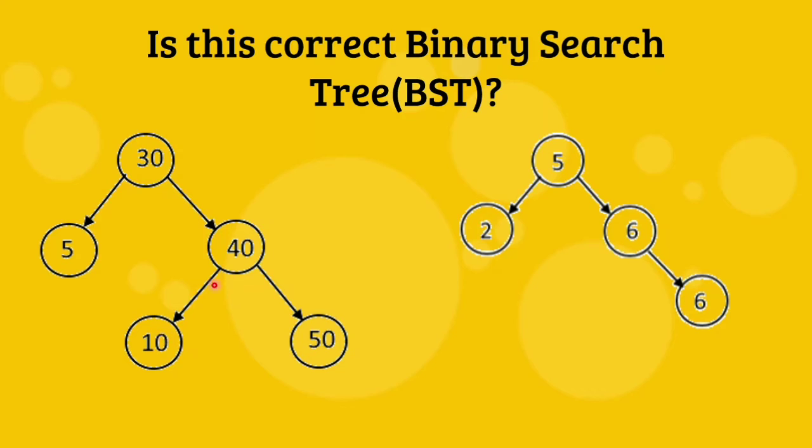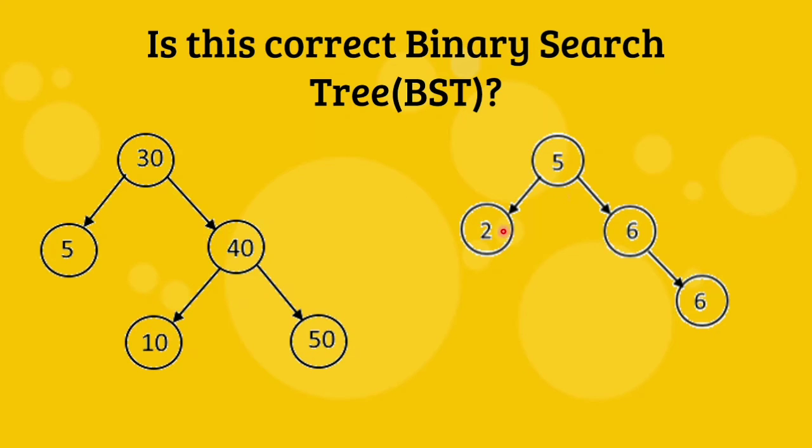But is it correct? Because 30 is holding 40 and 40 is holding 10. All the contents on the right-hand side should be greater than 30. So if this 10 were replaced by 33 or 32, anything like that, then it would be a correct binary tree. But this is not a correct binary tree.